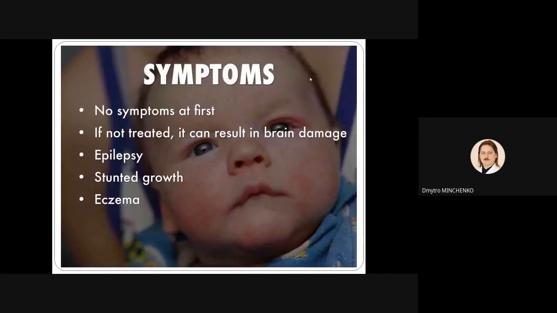But let's take a look at the symptoms. At first, there aren't any symptoms. That's why neonatal screening is of such high importance to making an early diagnosis, as a late diagnosis can result in already irreversible changes of the child's body. If not treated, it can result in brain damage, epilepsy, convulsions, seizures, stunted growth, and of course, eczema of the skin.